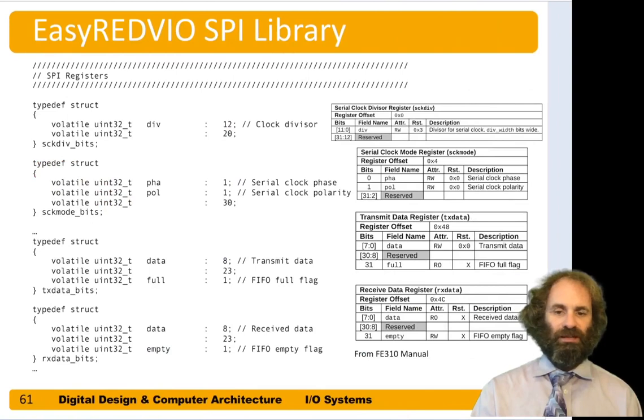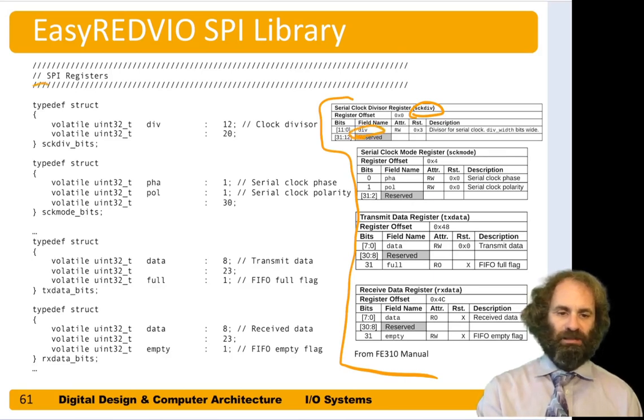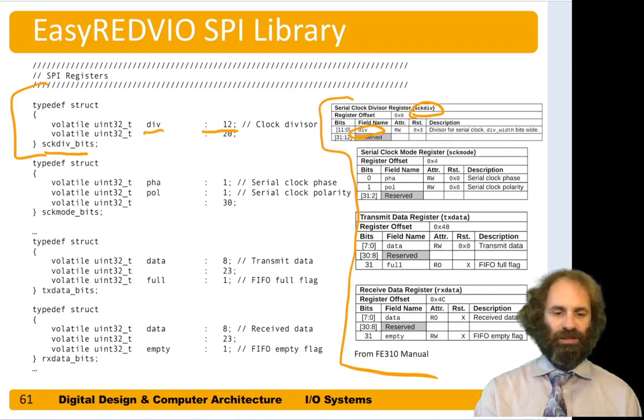So let's write a library to do SPI in our device driver. So first we need to define these registers. Here are, from the data sheet, the registers we just talked about. For instance, the SPI clock divider has a 12-bit divisor field, and here we can declare a structure called SPI clock div bits that has a 12-bit field indicating the divisor.